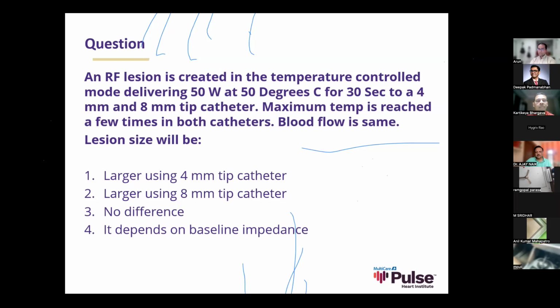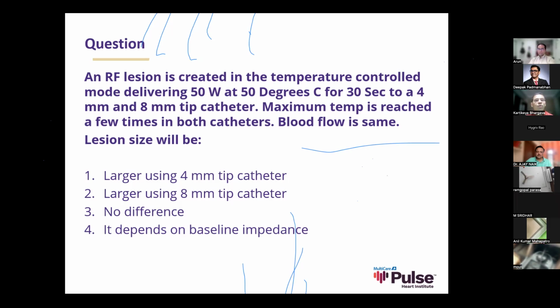The reason it is not going to 40 watts is that your catheter tip temperature is reaching the limit you had put on the ablation system. The problem with these catheters is that the tip temperature may reach the target temperature very early, and so you're not able to deliver the amount of power you intend.